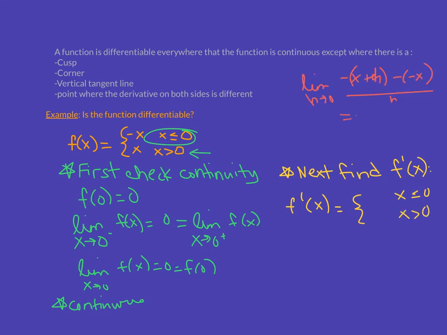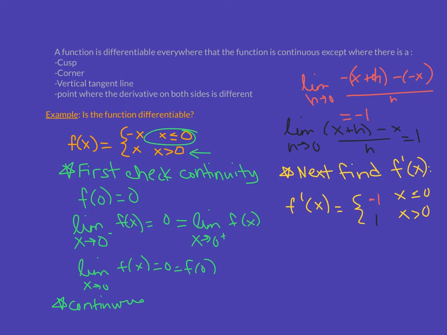So our first one ends up being -1. The second one we're going to do is going to be same idea, and that ends up being 1. So we have 1, and this one up here was -1.